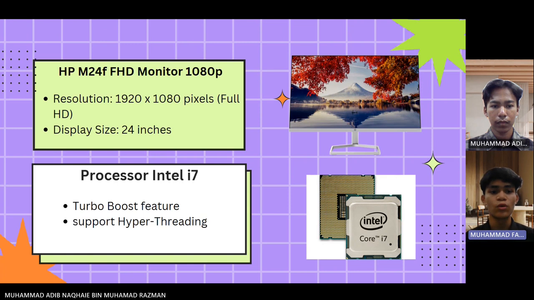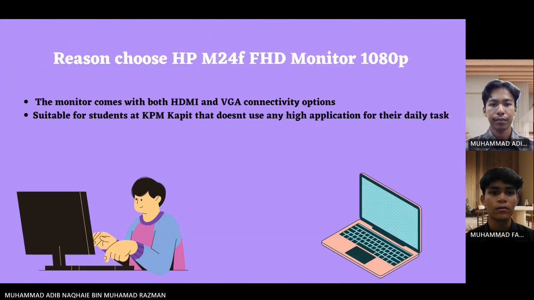It has turbo boost feature and supports hyper-threading. The reason why we choose this monitor is because this monitor comes with both HDMI and VGA connectivity options. This is also suitable for students at KPM who don't use any high-end applications for their daily tasks.